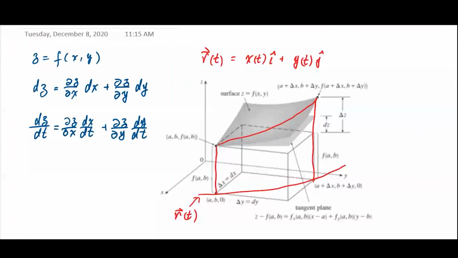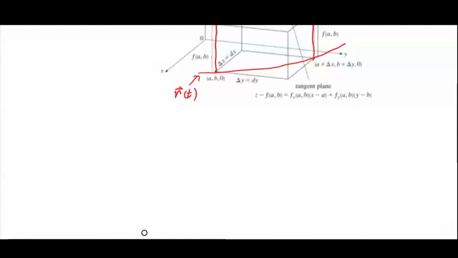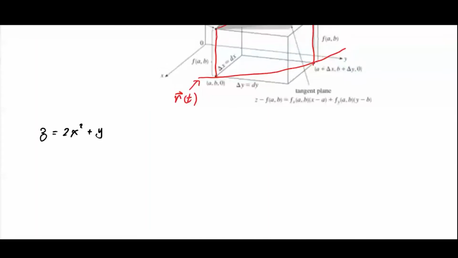The example is this. We have z is equal to, computer's frozen. We have z is equal to 2x squared plus y squared. What do you see? Do you see a paraboloid? Well, in case you don't see it, I got this.